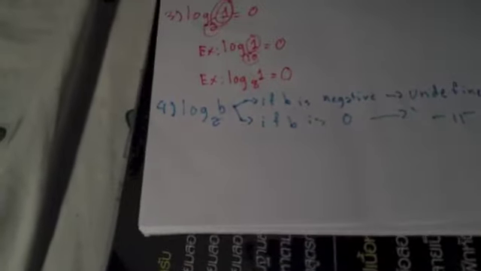And the second one is if b is 0, it's also undefined. So easy. If the b is negative or 0, it's undefined.